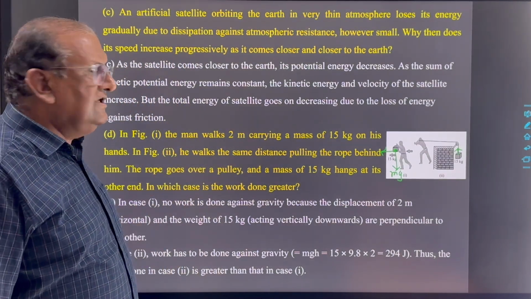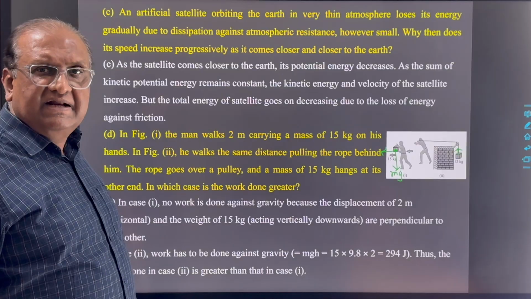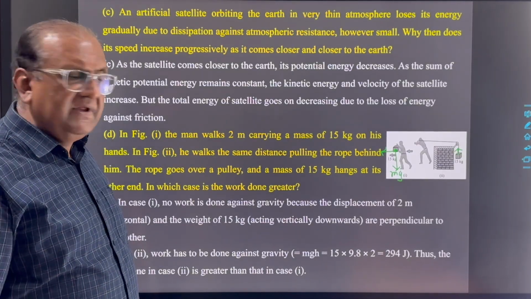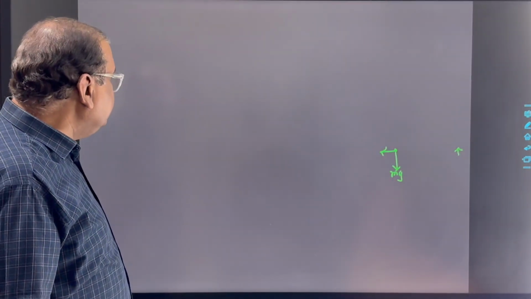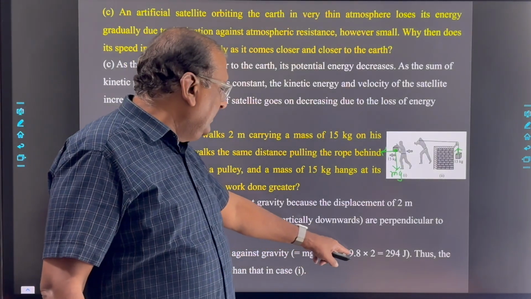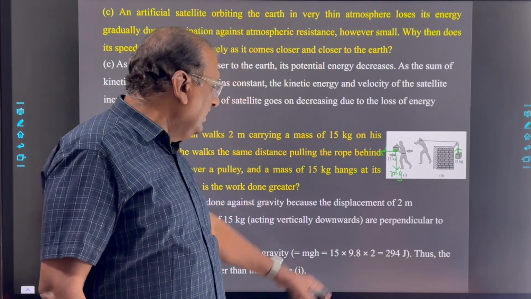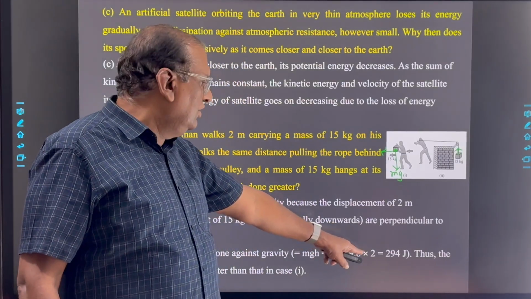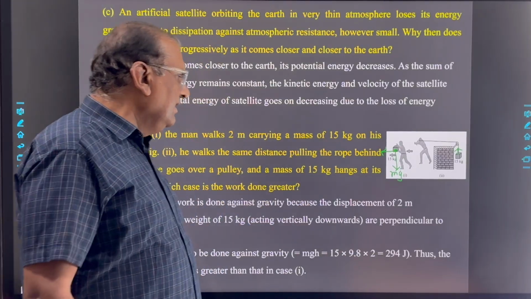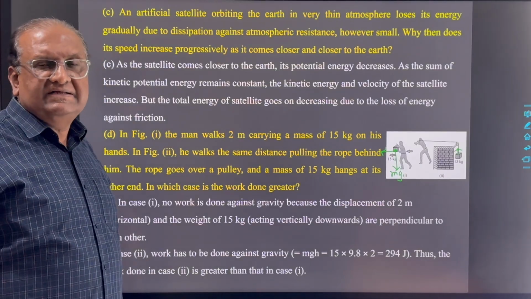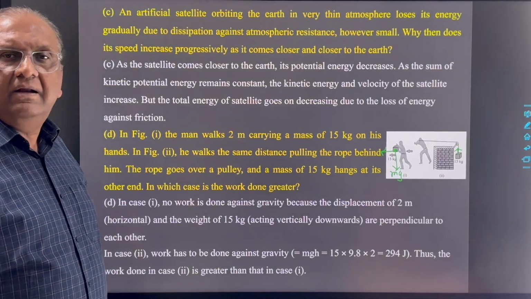And this work is done against gravitation, which is mg in the downward direction. So the work done is mgh, 15 into 9.8 into 2, that is 294 joule. Here you can take 10 also, so you can write 300 joule. So in the second case, the work done is greater than in case 1.